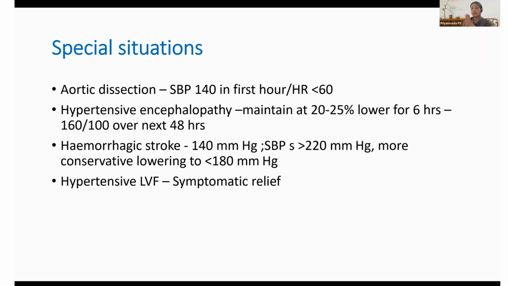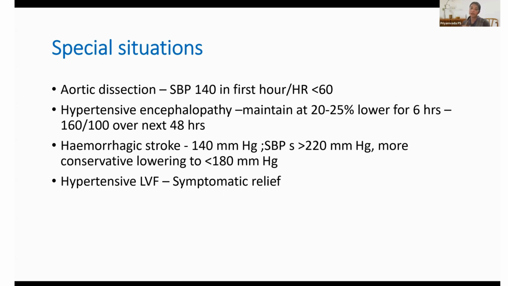Now, aortic dissection is the only situation where we have to reduce the blood pressure to less than 140 in the first hour. For everything else, the usual principle is 20 to 25% over the first 1 or 2 hours, maintain it for the next 6 hours, and from there gradually bring it down. In a hemorrhagic stroke, usually it's not recommended to reduce the blood pressure to less than 140 millimeters of mercury.